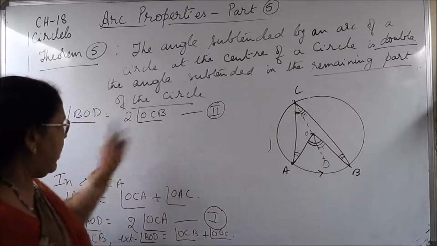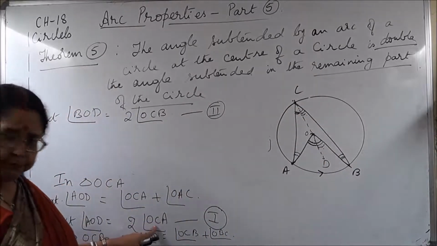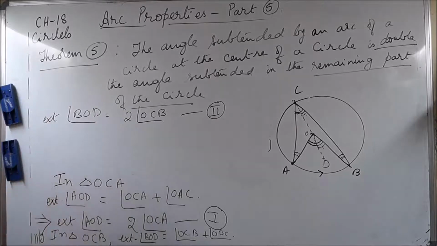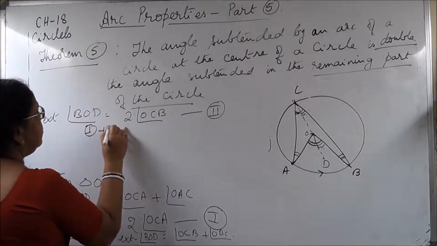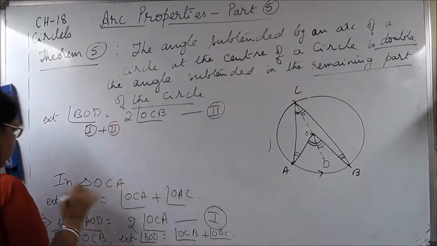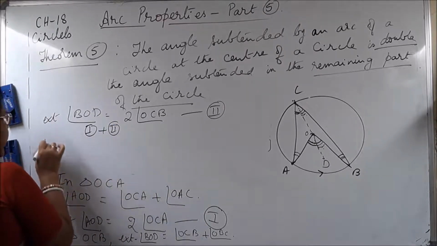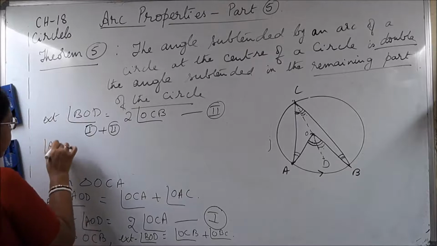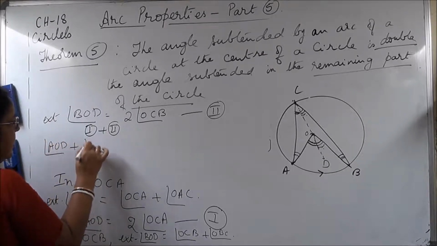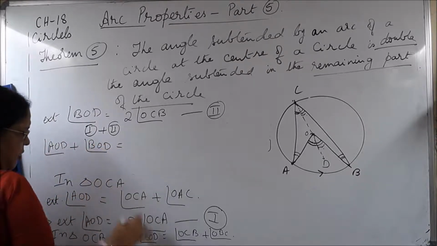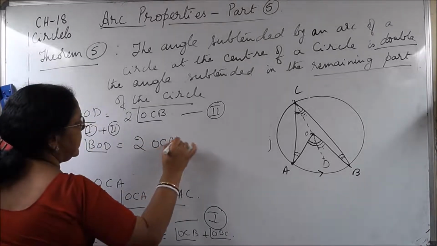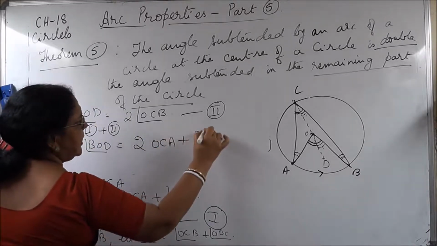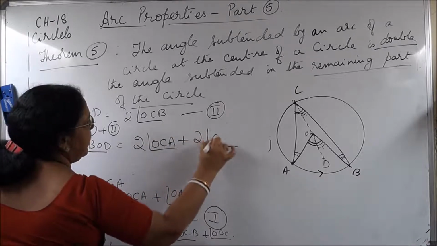So if you add equation 1 plus equation 2, exterior angle AOD plus exterior angle BOD is equal to twice angle OCA plus twice angle OCB.